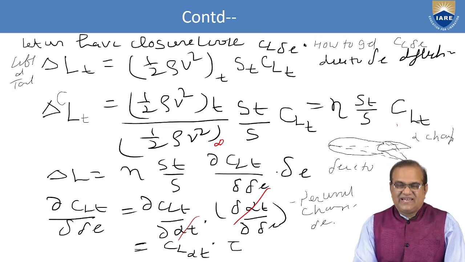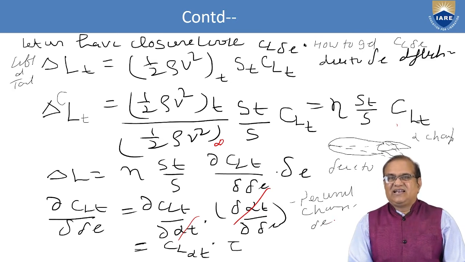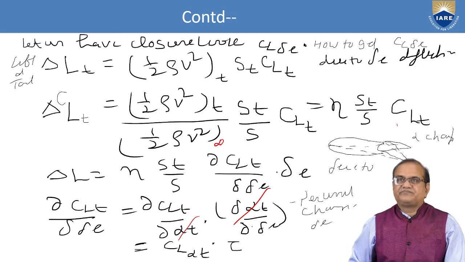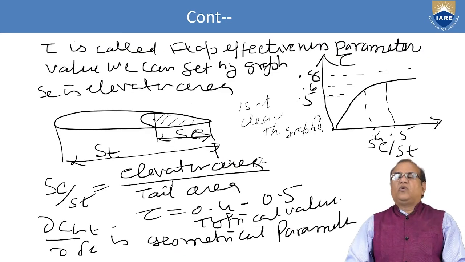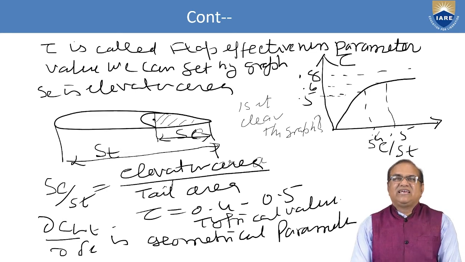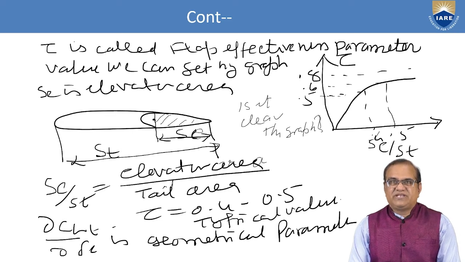So here we got that dCLT by d delta E is equal to CL alpha T into tau.